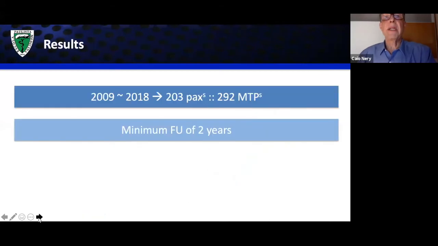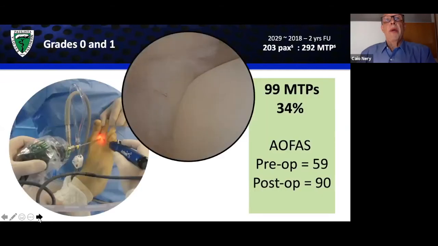We collected data from 203 patients with 292 metatarsophalangeal joints operated according to our protocol, with a minimum follow-up of 2 years. We are quite satisfied with the quality of the results of patients with grade 0 and 1 lesions treated arthroscopically through radiofrequency tissue shrinkage combined with a Weil osteotomy as the main treatment option.